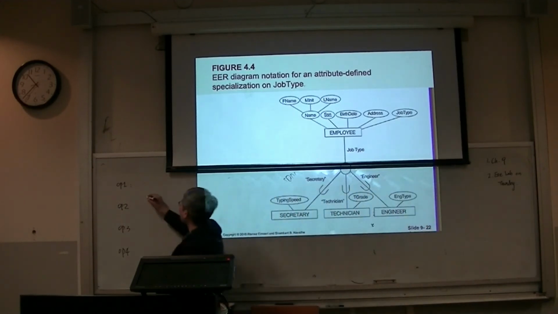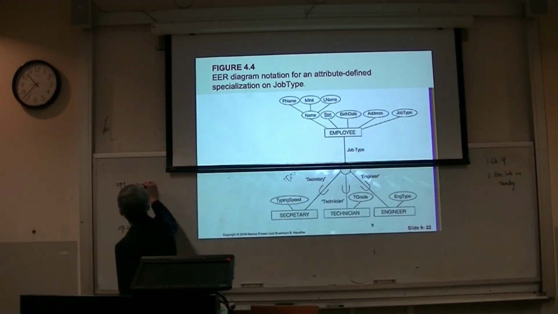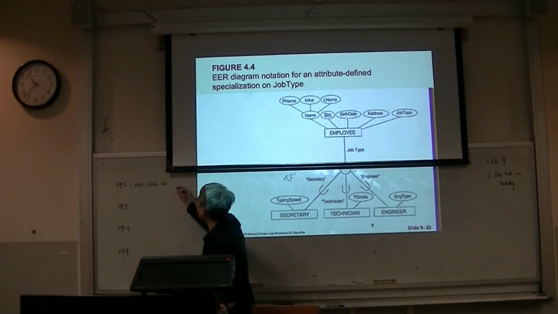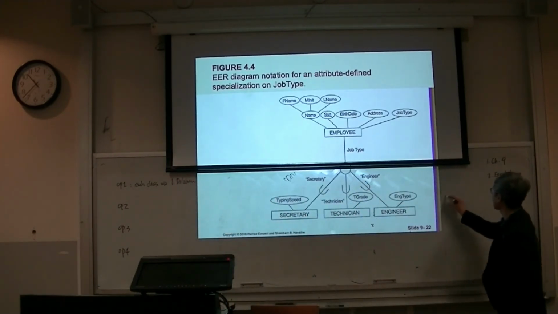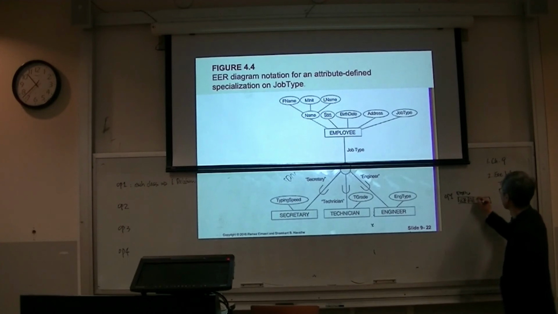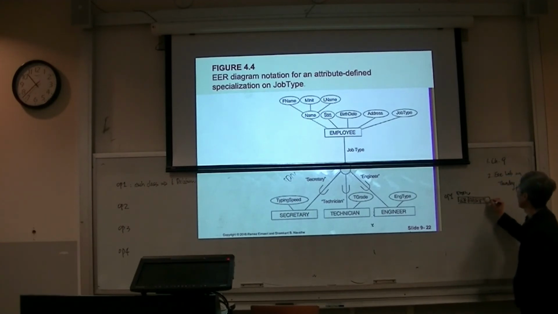So we can create for each class one relation. For example, in this case, option 1, we create the employee with social security number, first name, last name, middle name initial, DOB, address, and job type.